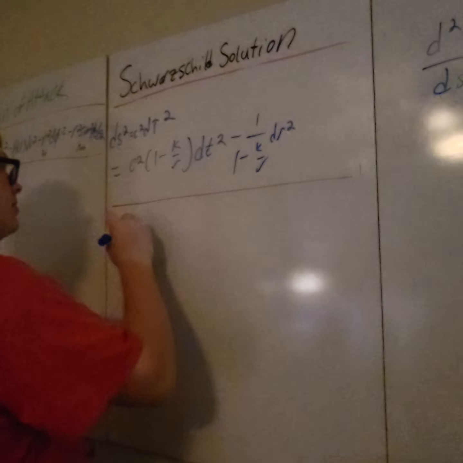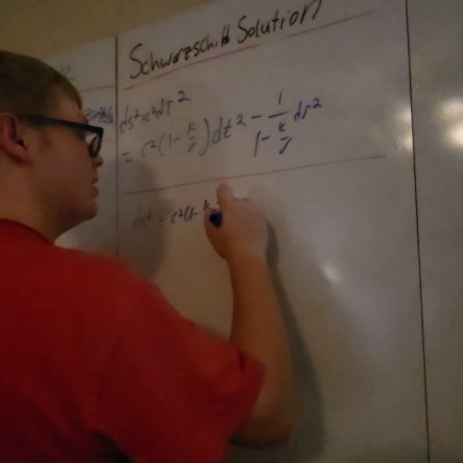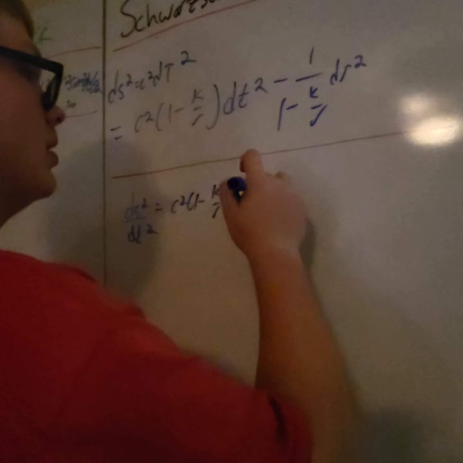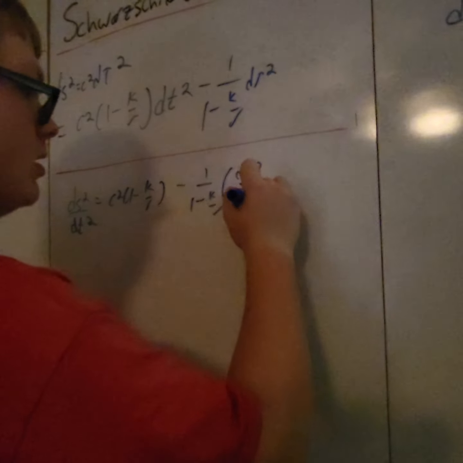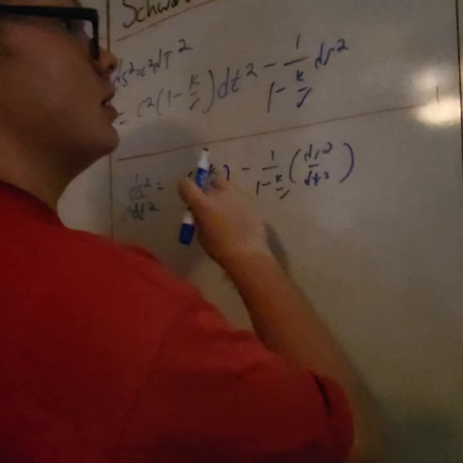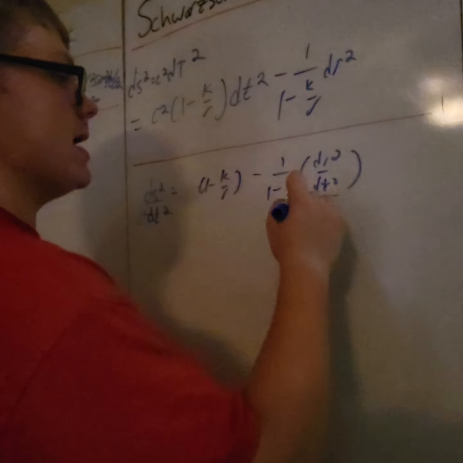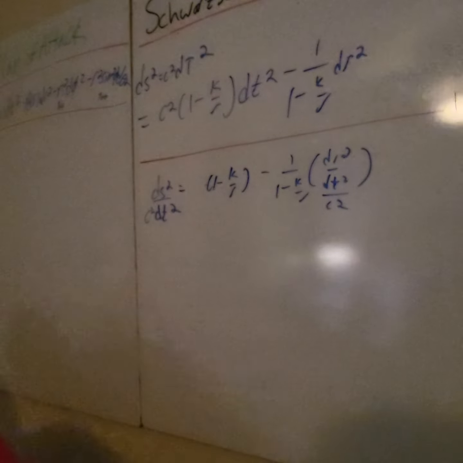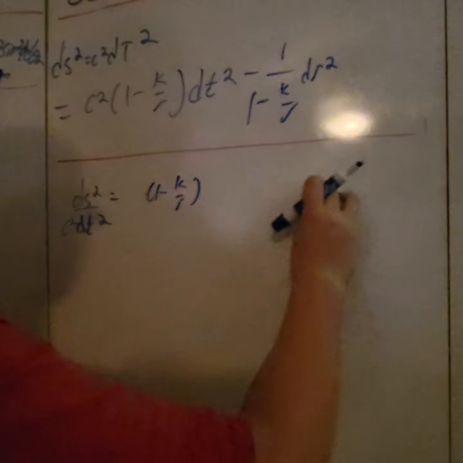We're going to say that ds squared equals c squared times 1 minus k over r, dt squared. We're going to divide by dt squared, and we're going to divide by c squared. That's a velocity term, and it's way less than the speed of light squared. So for our limiting case, this is going to be approximately 0.